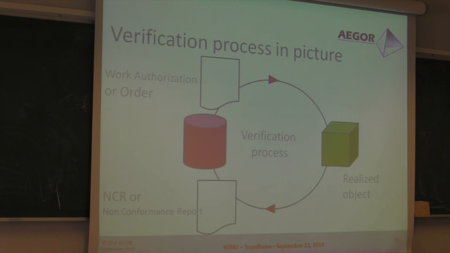Just mail. The verification process. A work authorization, you realize the project, and you have the NCR, the last form, non-conformance report, and also people, they don't like all these things and changes, so they know the aspect of waivers.